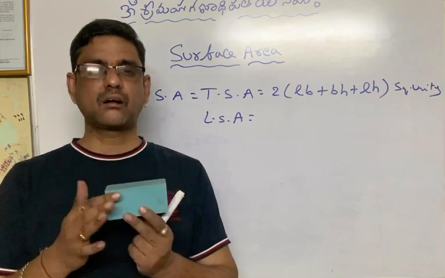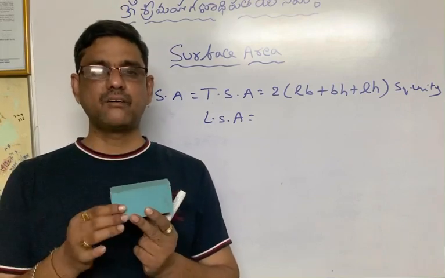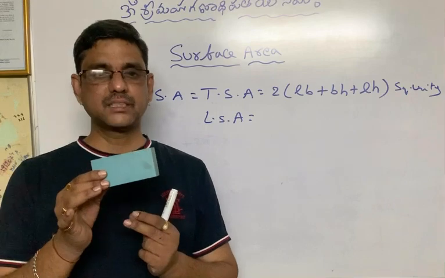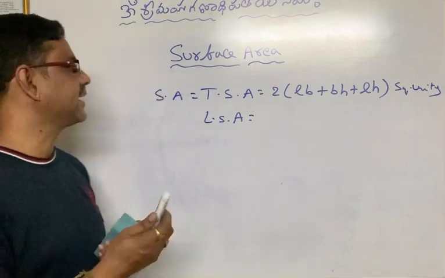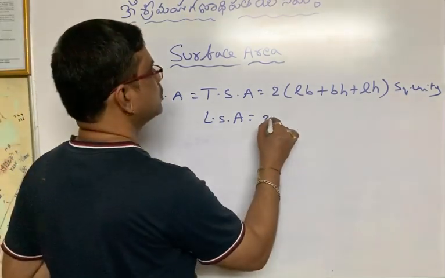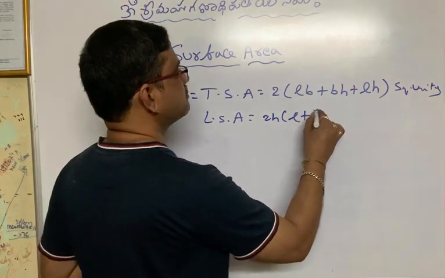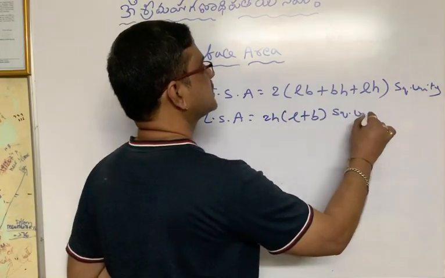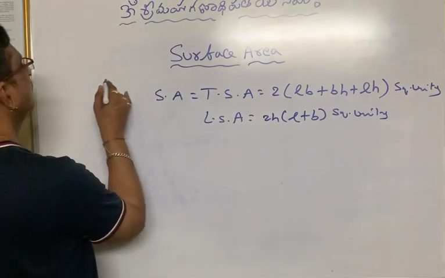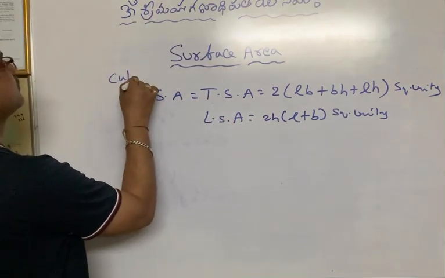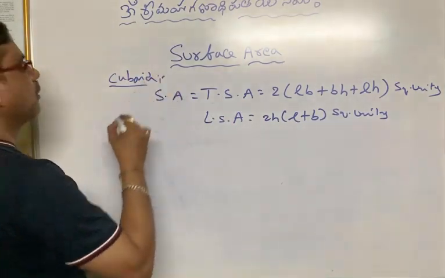These 4 faces are called lateral faces of the cuboid, and their area is 2h into (L plus B) square units. This is about the cuboid.